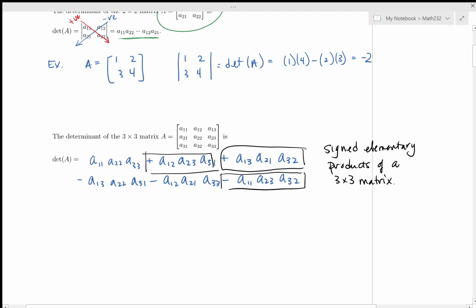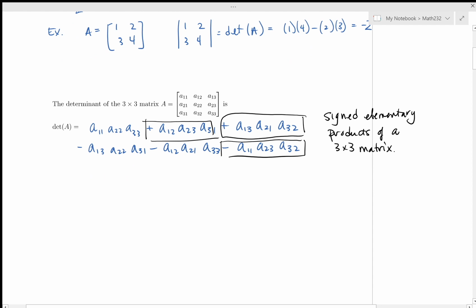One way of doing this, and this only works for the 3 by 3 matrix, so don't generalize this, is a way to regenerate this formula. I'm attempting to compute the determinant of this 3 by 3 matrix, so here it is.